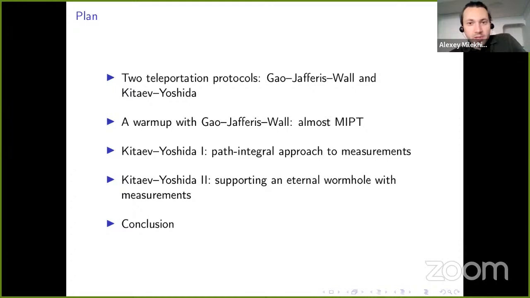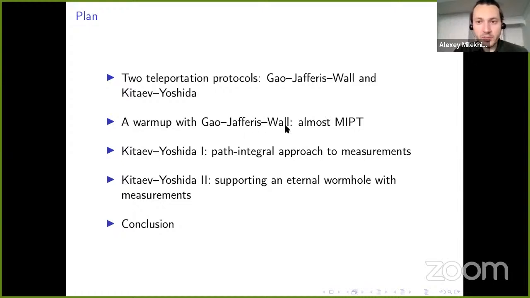So the plan for today is the following. I will first explain what the Gao-Jafferis-Wall and Kitaev-Yoshida protocols are. Then I will discuss the Gao-Jafferis-Wall protocol. It is almost a MIPT because in fact the dynamics is unitary.